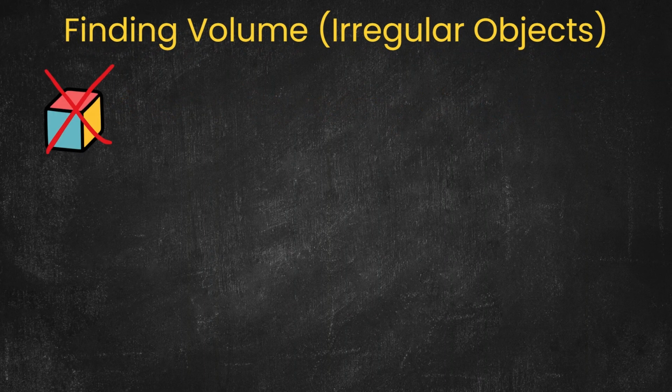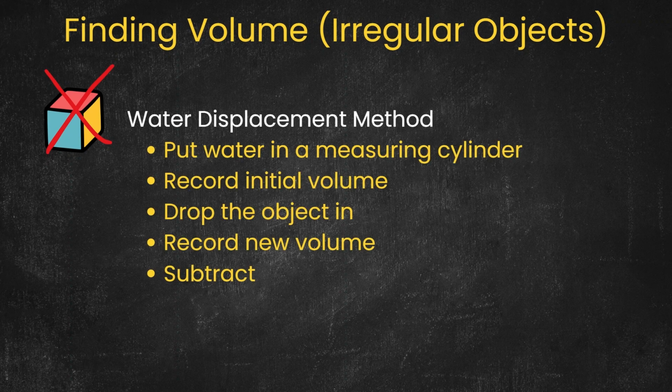Now, how about finding the volume of an irregular object? What if the object isn't a perfect cube? Well, there's something called water displacement. Let's talk about this method. This method is used a lot when finding density. It simply has 5 things you need to remember, and they're very simple.